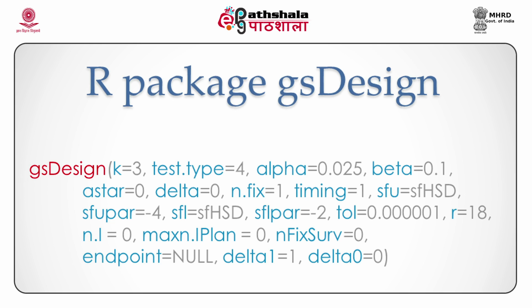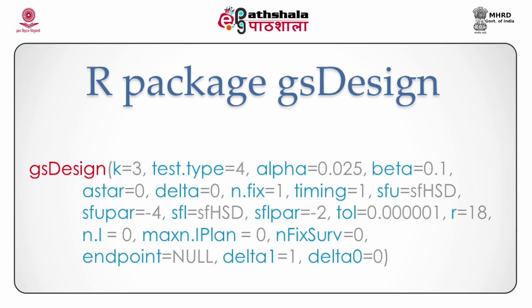Delta, which is the effect size for the parameter theta and can be set to a standardized effect size. n.fix, which is the sample size for a fixed design with no interim analysis and is used to find the maximum group sequential sample size. Timing, an option which sets the relative timing of the interim analyses.